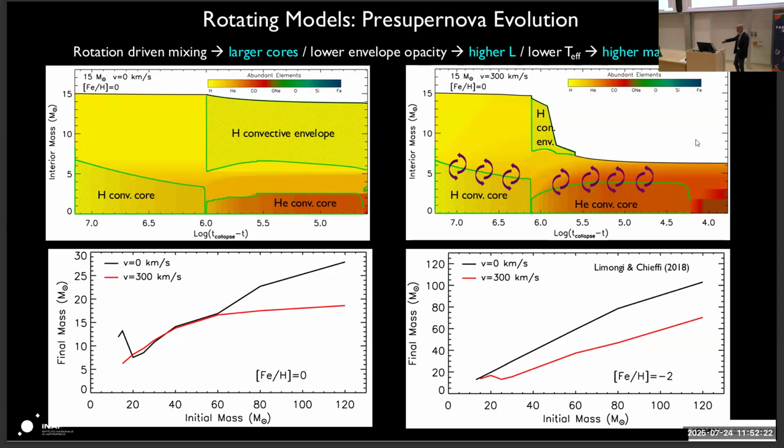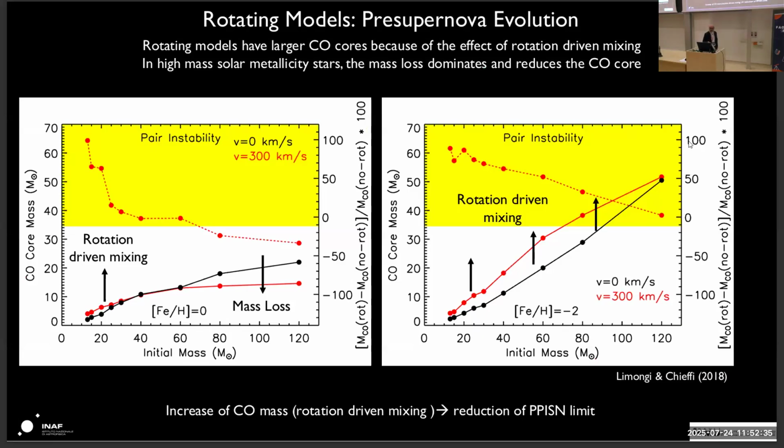And this happens also at low metallicity. So you can see that even at low metallicity, stars may lose a lot of mass with rotation. The increase of the carbon-oxygen core also makes some difference with respect to the non-rotating case. At solar metallicity, for low masses, the carbon-oxygen core increases because of the rotation-driven mixing.